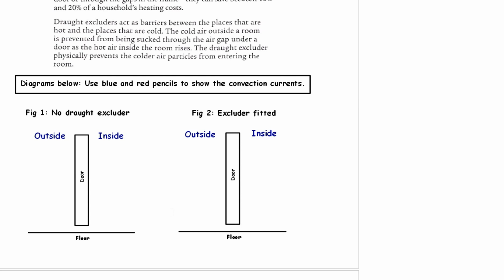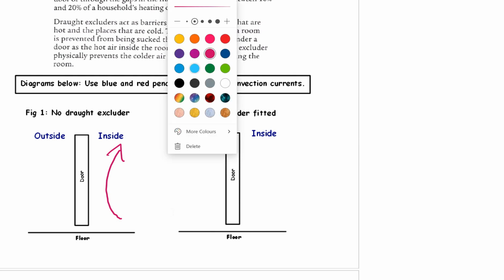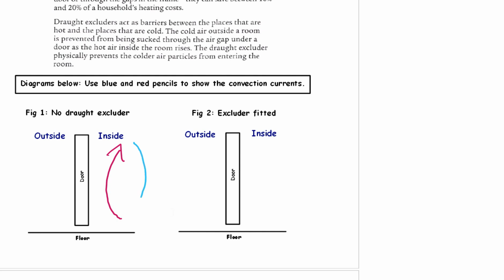So inside, what you get is hot air rising and cool air dropping down. That is convection currents for you. But as this hot air rises, cold air from the outside can be drawn in. This cools the house down, which causes your bills to go up.